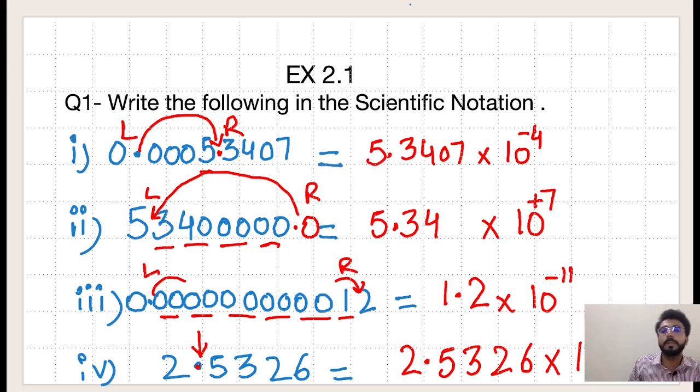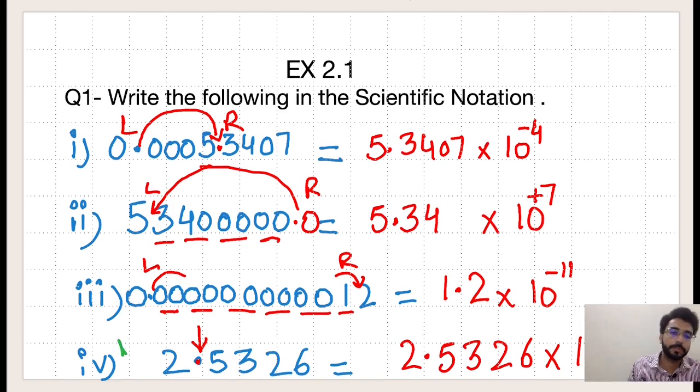We write 0 here because we have not moved the decimal point to the right side or left side. So we will write this part in scientific notation in this form. This is your important part. So let's move to the next question.